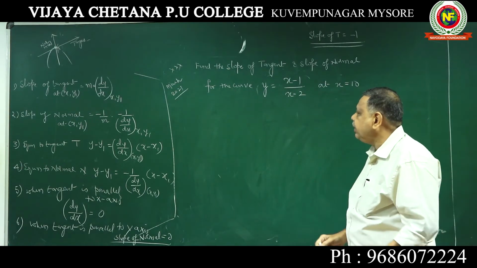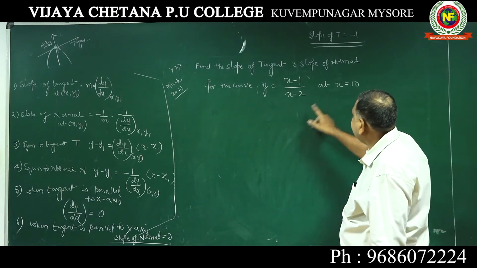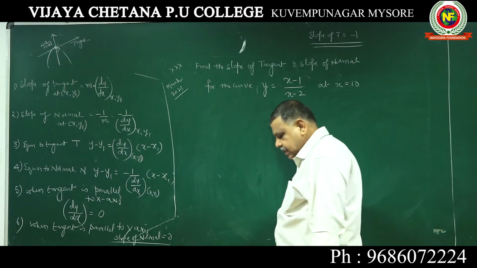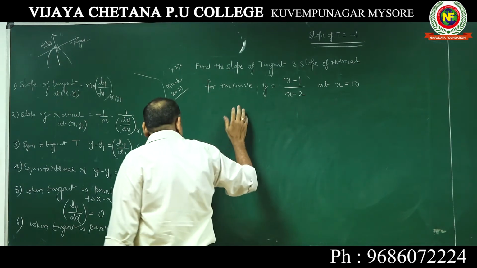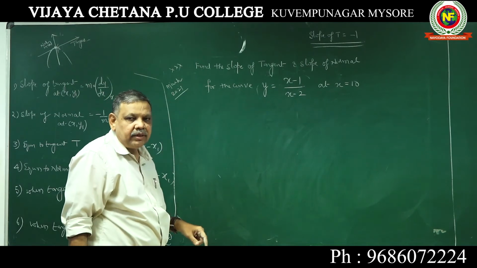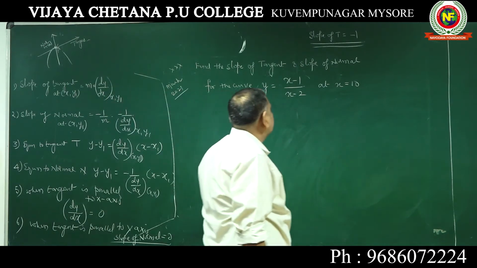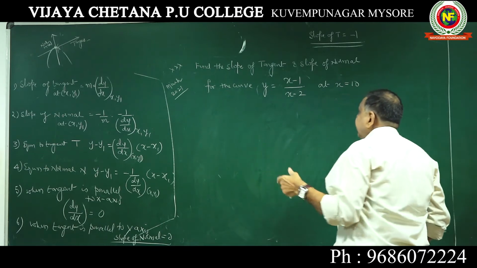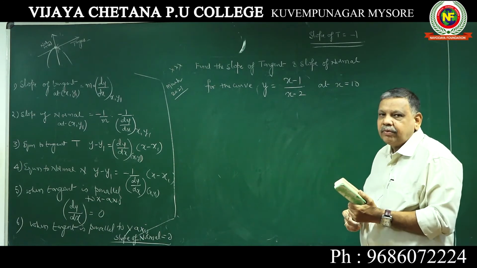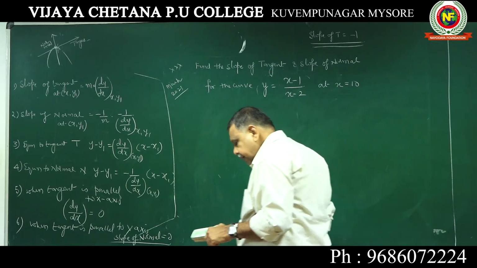Slope of tangent is dy by dx at x equal to 10; substitute and you will get the answer. And slope of normal is minus 1 by dy by dx at x equal to 10. Here they have asked two parts, and this question may carry 3 marks, actually 1.5 for each.